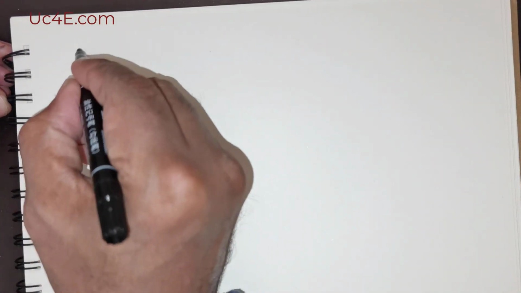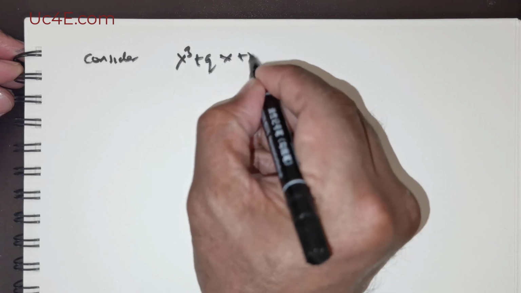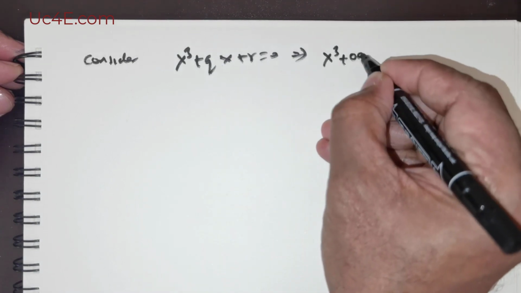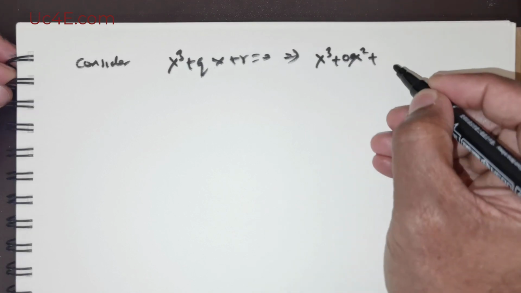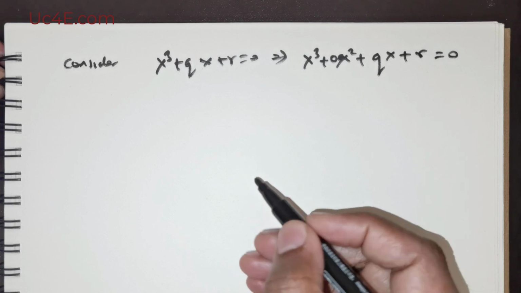Now let me just start off by considering the given equation. Consider x cubed + qx + r = 0. This is x cubed + 0 times x squared + q times x + r = 0.